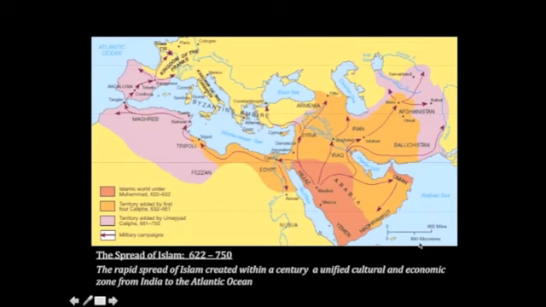With the Umayyad Caliphate of 661 to 750, there's a huge expansion of territory. Damascus is the capital, and here you can see the state of the spread of Islam during the Umayyad Caliphate. Here's the Byzantine Empire up here, and the Umayyad Empire is almost beginning to circle it, or at least to enclose it on several sides.